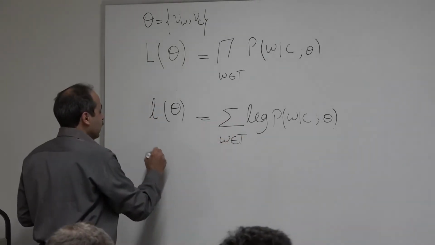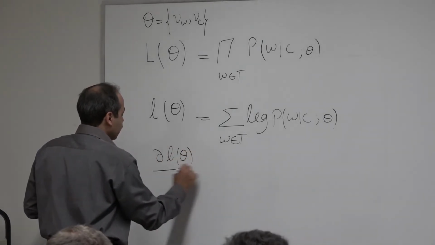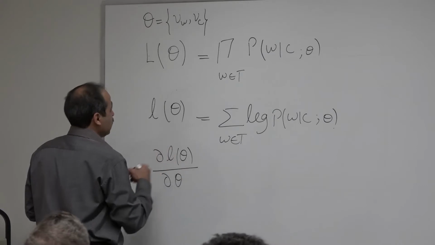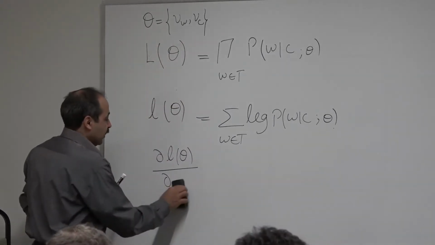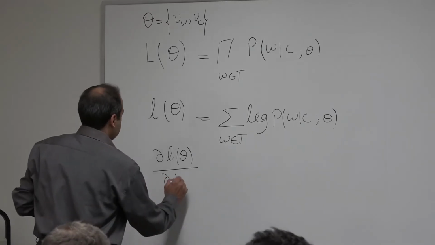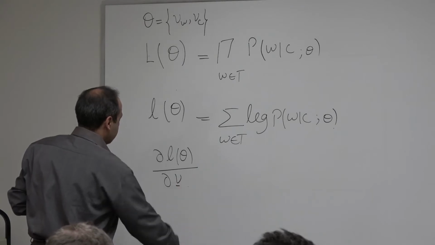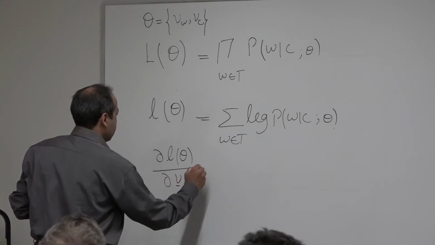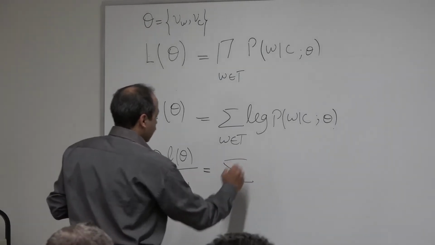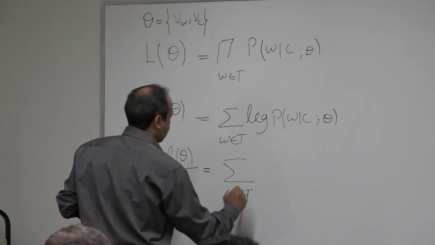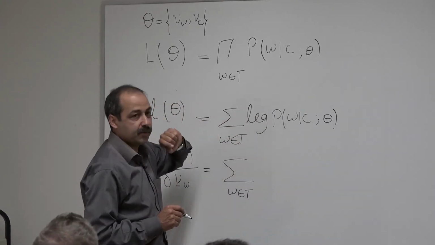So basically, I can take the derivative of log likelihood with respect to these parameters, and the parameters are Vw and Vc, and I take the derivative with respect, say, of Vw. Okay, this is going to be summation over all W of the derivative of log of this P.